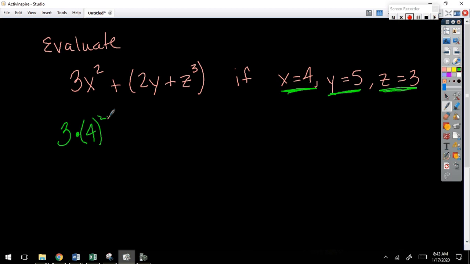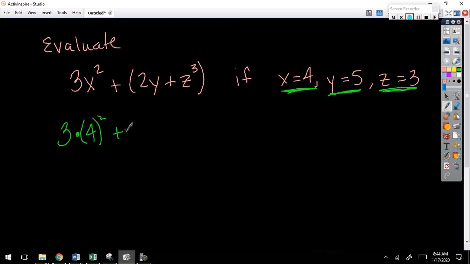Because sometimes, especially if you start using a calculator, if you've got a negative number that you're throwing in and you square a negative number, what happens? It becomes what? Positive. But if you don't have it in parentheses, your calculator will shoot you out a negative. So it's just a good idea to be in the habit of putting them in parentheses. It's not wrong if you don't, just handy.